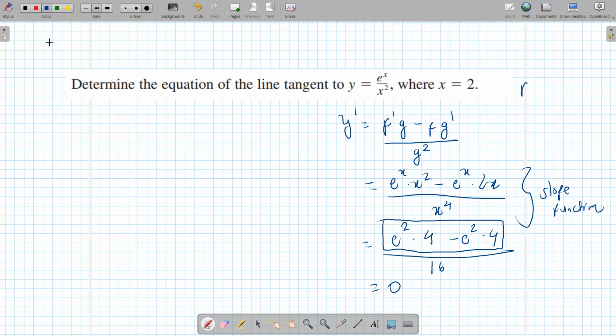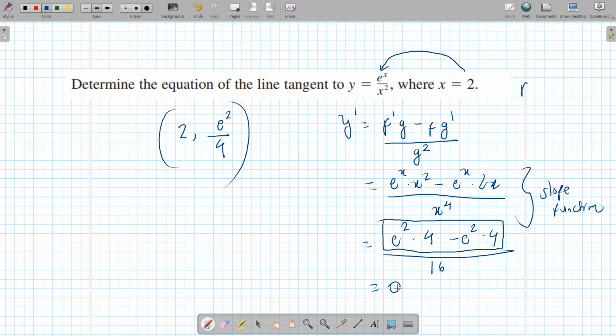I'll give you a hint. When you plug 2 in there, you get e squared over 4. So a point on the line is 2 comma e squared over 4.